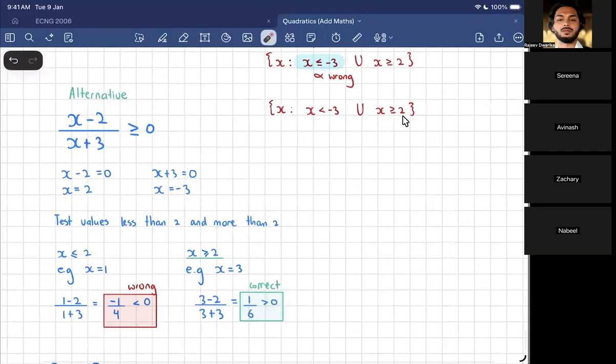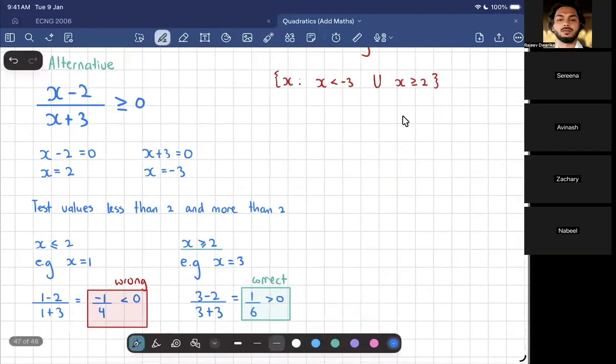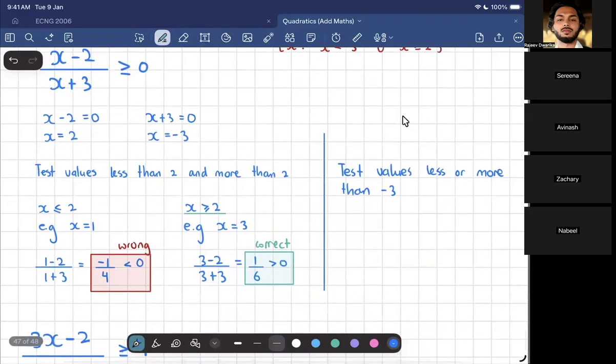It's the same concept for x is equal to negative 3. Just going to test, right? Right. So talk to me. Zachary, give me a value.